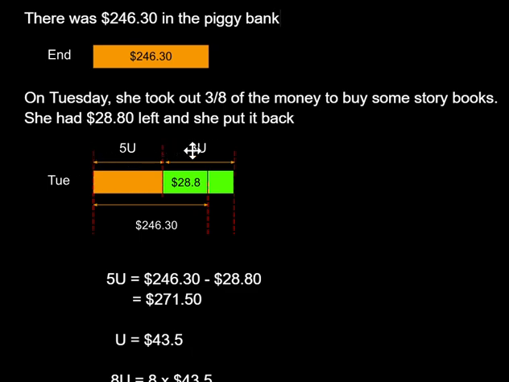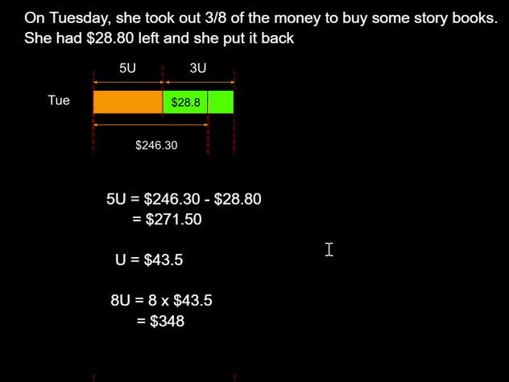So in total we have 8 units. 8 times $43.50 is $348, which means that on Tuesday morning, or at the end of Monday, she actually has $348 in her piggy bank.